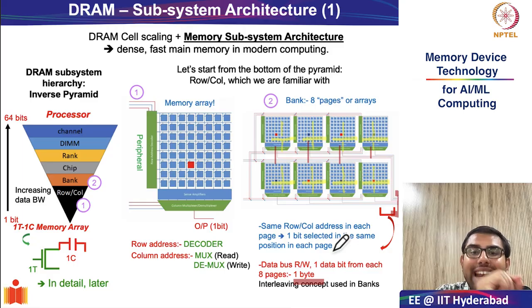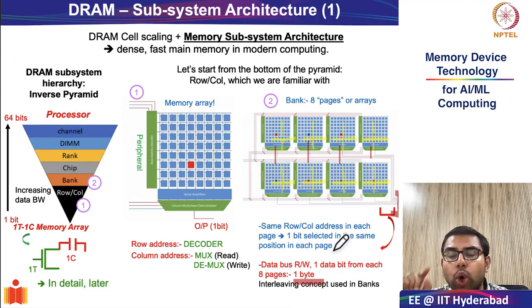Therefore, the collection of 8 bits from the same memory location in each of the arrays constitutes the output of a bank. So the output of one bank is 8 bits or 1 byte. Next, we will go ahead and discuss the very important concept of interleaving, which makes the DRAM subsystem very interesting.